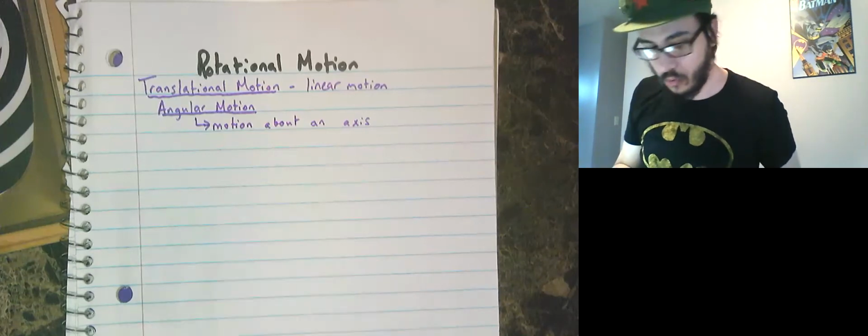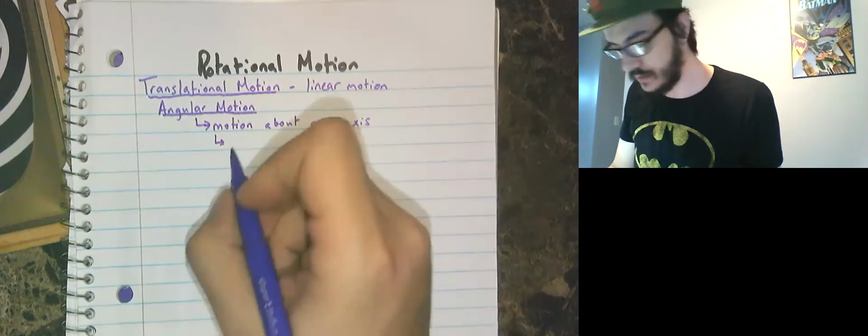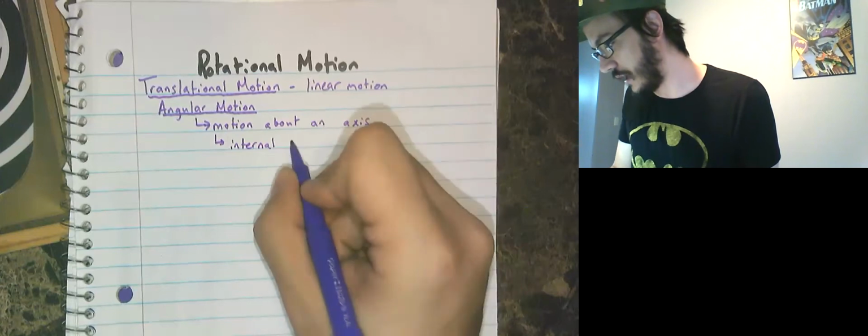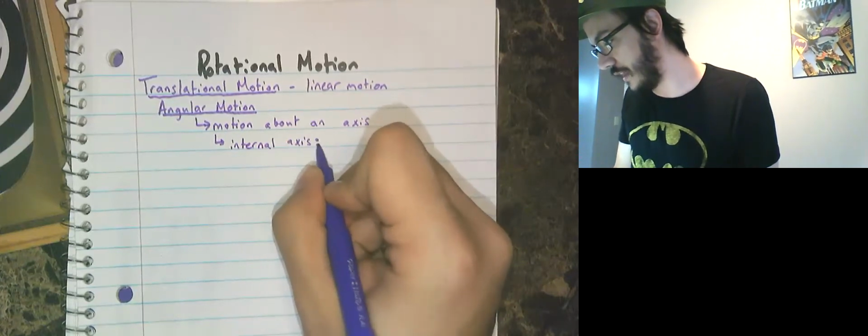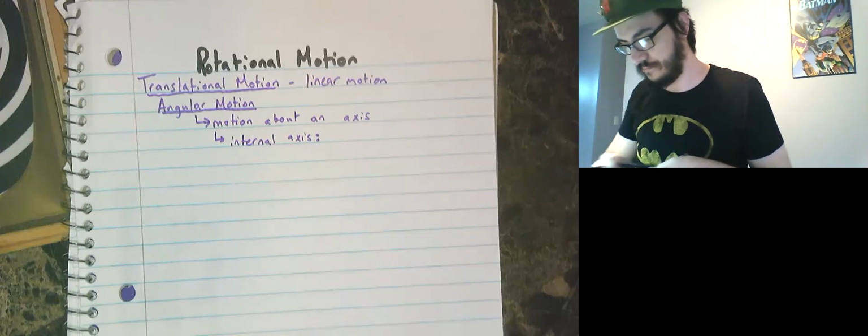Now, if those poles are located inside of the object, that is an internal axis, and we would call that form of angular motion rotation.